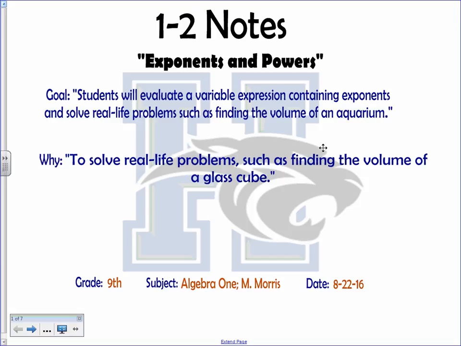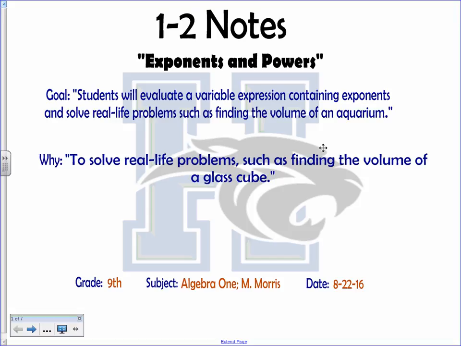I don't know where you guys are at, why you're not paying attention, and why you're not doing what you need to do. You think you come in here and it's some kind of social hour, but that's not the case. We need to get it together. Here's the notes right here. Okay, you have a goal and you have a why. You guys have that written down? Yeah. Okay, good.